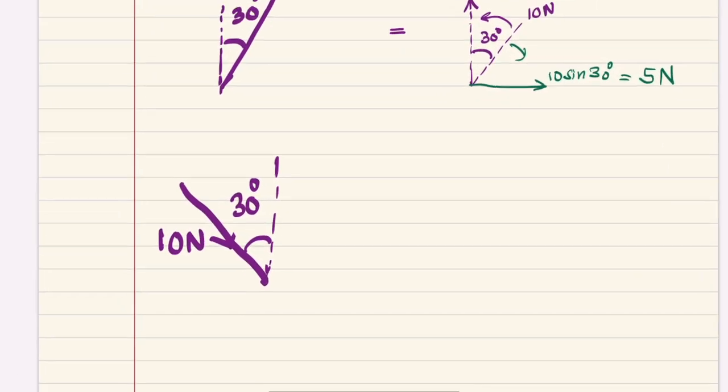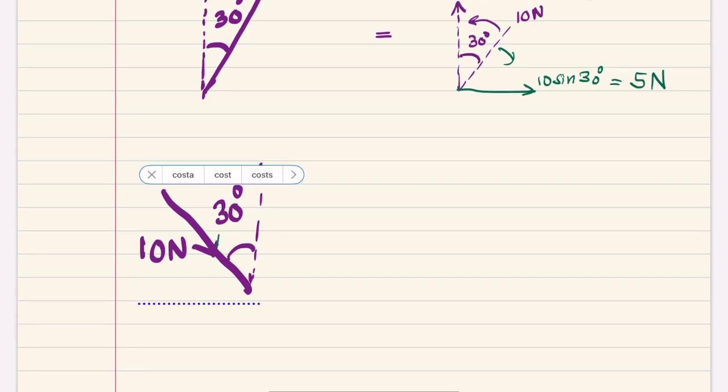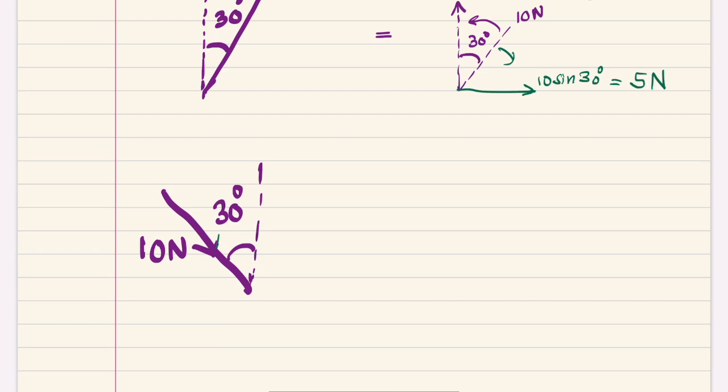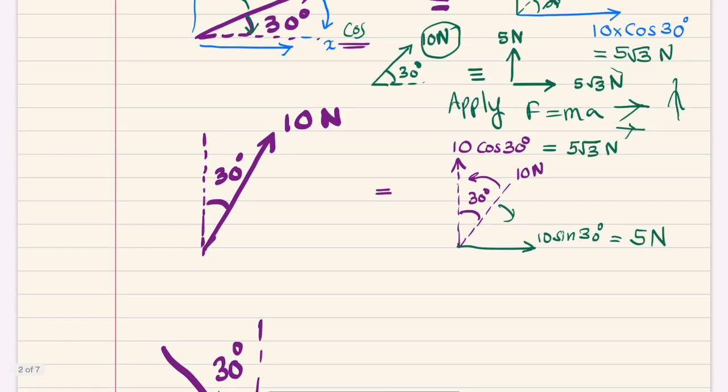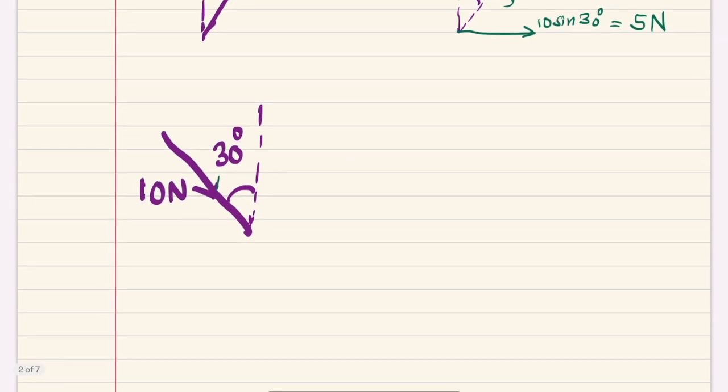Now let's look at the next question. Here the 10 newton force is acting towards that point. It's not going away from the point like the previous instances, but the theory is still the same.